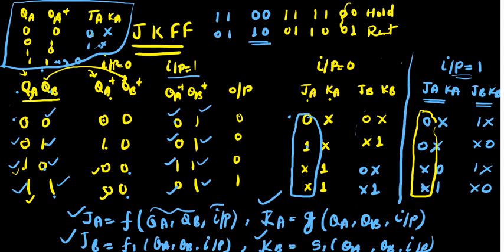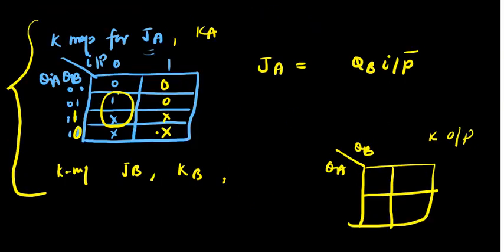You just need to write the K maps for KA, JB, and KB. The K map for output as a function of QA, QB is simple. So output is QA QB. For KA, JB, KB, please solve it and write the expression, and we'll see it in the class. If you have any doubt, you can ask.